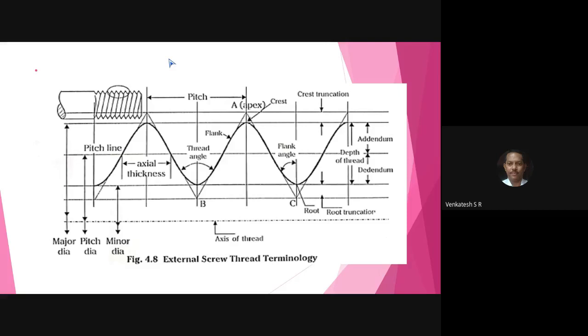If you turn the nut in clockwise direction, which tightens the bolt and advances the nut, then it is called right hand thread. So this is the international terminology of external screw thread.